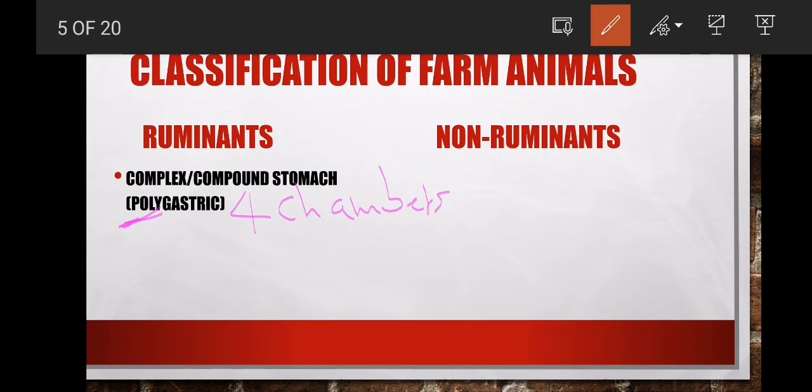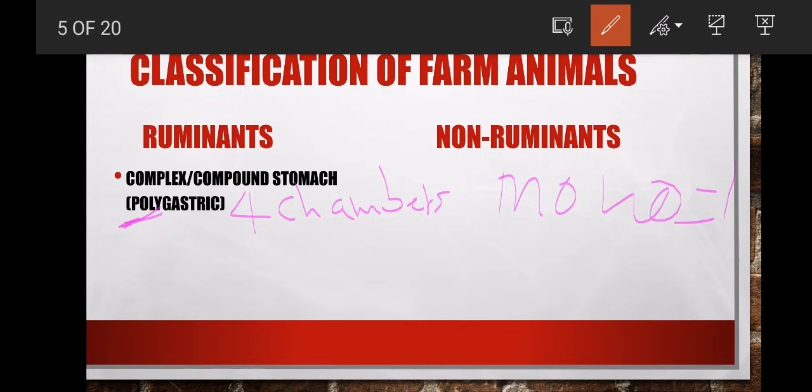Take note of the mono part. Mono means 1. It means the non-ruminant animals have only 1 or a single stomach, but we will then try to go deeper when we talk about a chicken and check how the fowl is different from a pig. Let us understand it here.